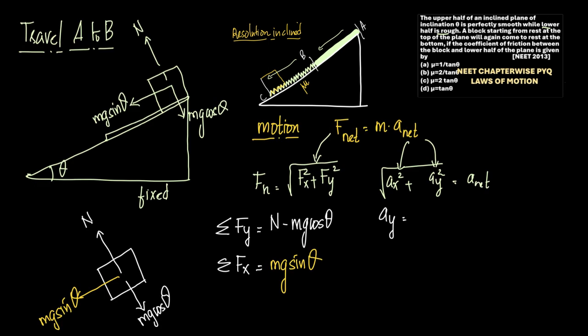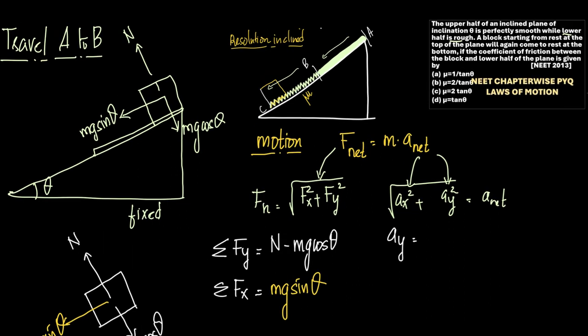Now, what is Ay? If you look at Ay, the object is sliding downwards and it is not having any motion in the vertical direction. Say if you consider this block, it is sliding down the inclined plane.